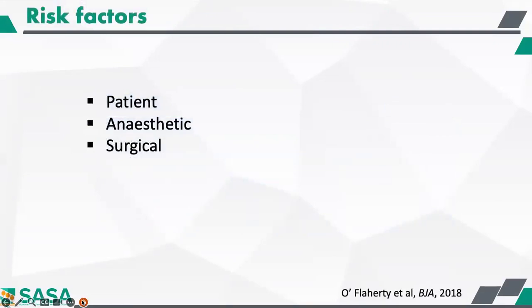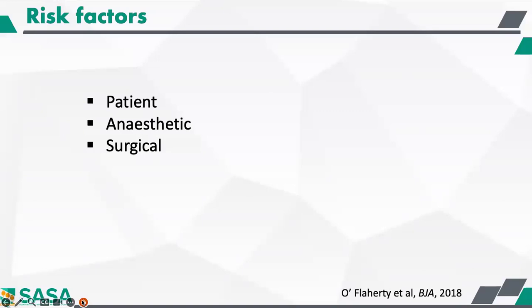So what are the risk factors to peripheral nerve block injuries? The risk factors can be divided into patient, anesthetic, and surgical. Patient factors refer to the baseline characteristics of the patient that put them at an increased risk of nerve injuries. For example, an elderly patient or a patient with diabetes.